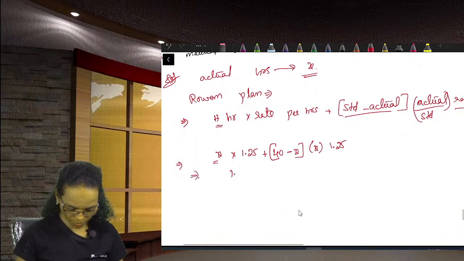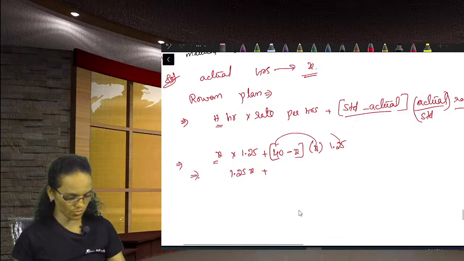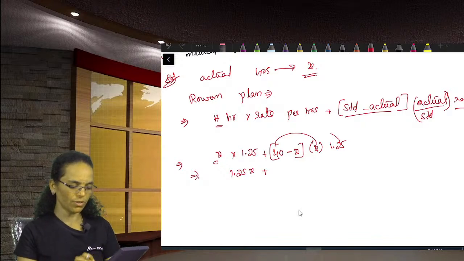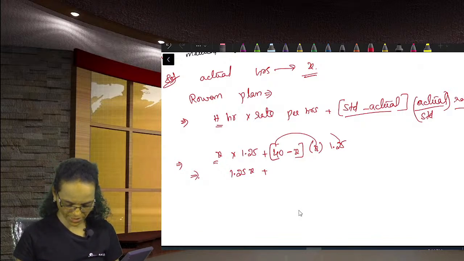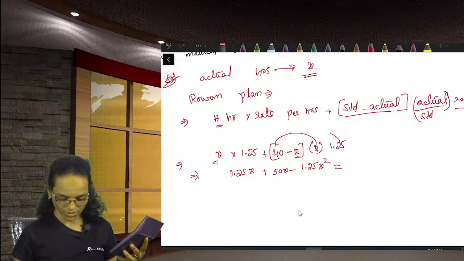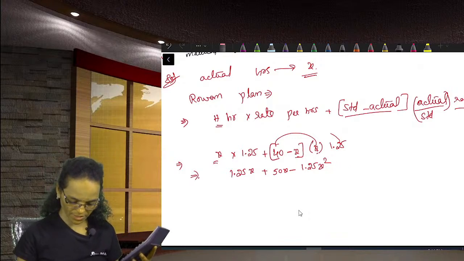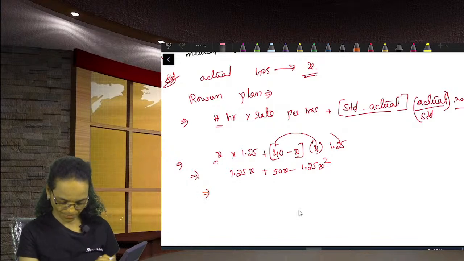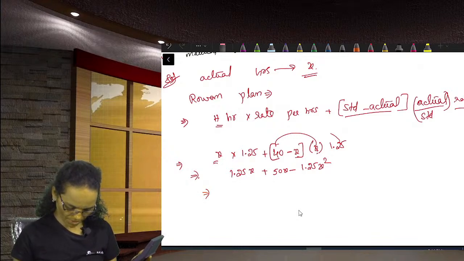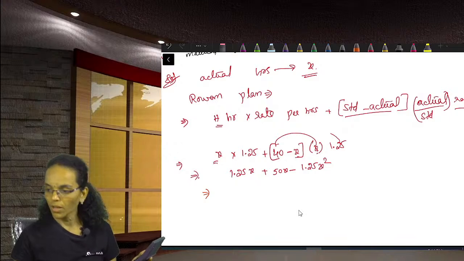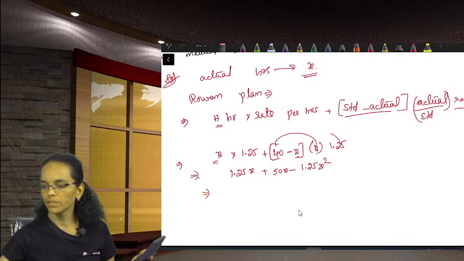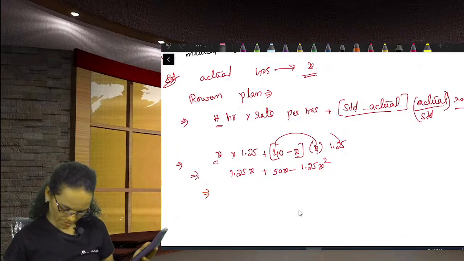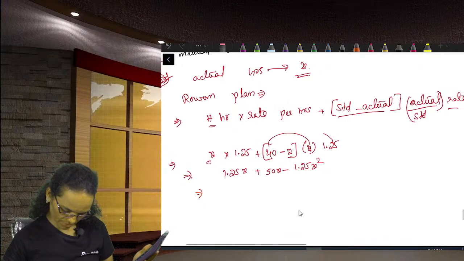So here, 1.25x plus 40 into 1.25, that is 50x, minus 1.25x square. We calculate the earnings.